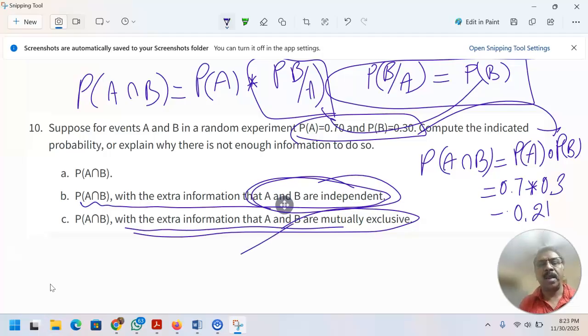The second question is about mutually exclusive events. If they are mutually exclusive, it means events A and B don't have anything in common.